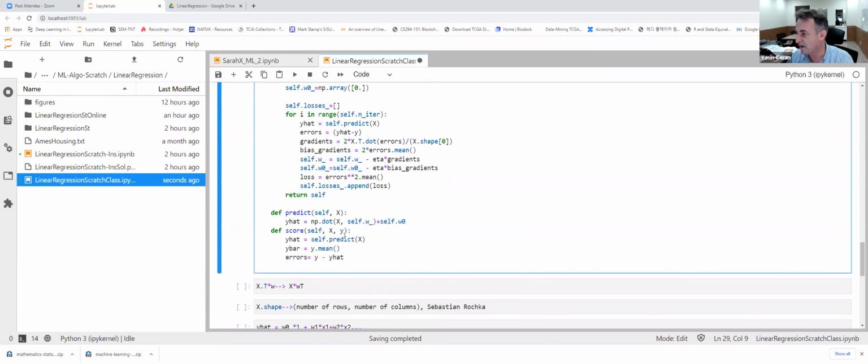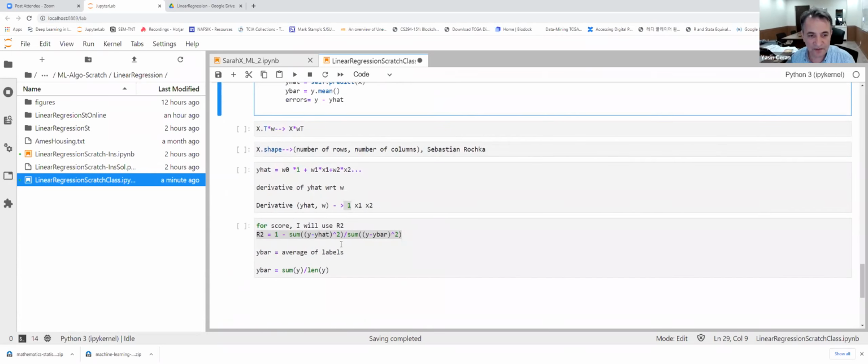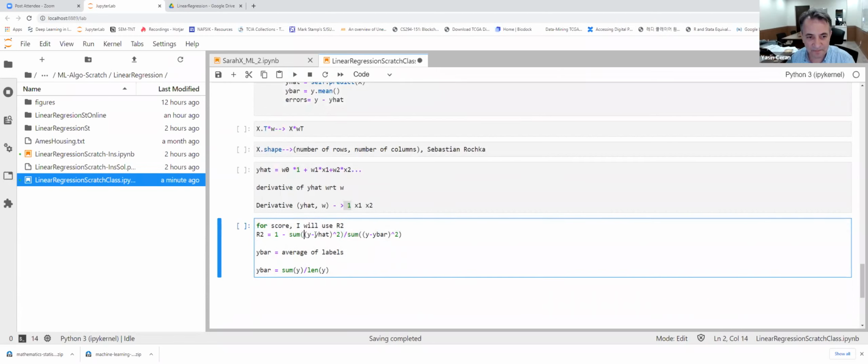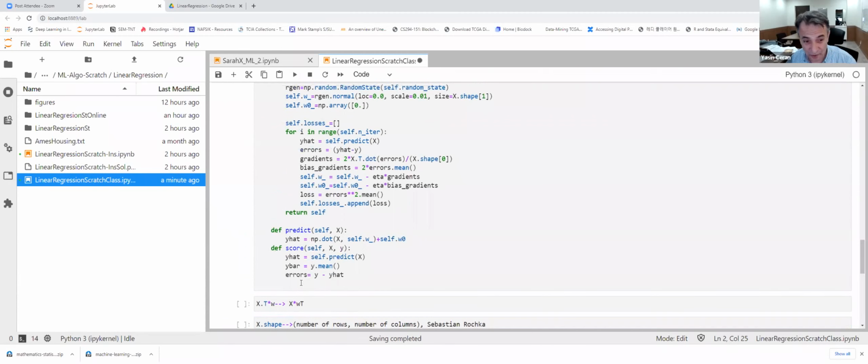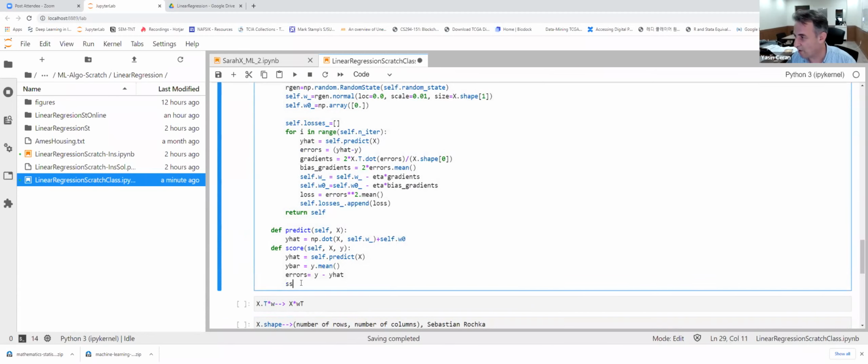Next, I'm going to find this guy. Let's call it sum of squared residuals. Errors are also called residuals. Let me put a note here: errors are also called residuals. I'm using the word RES so that you know in the literature they are also called residuals.